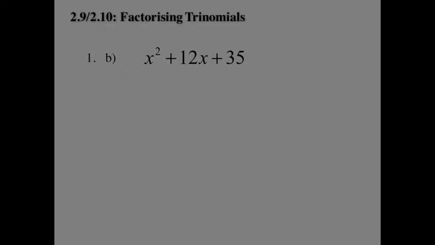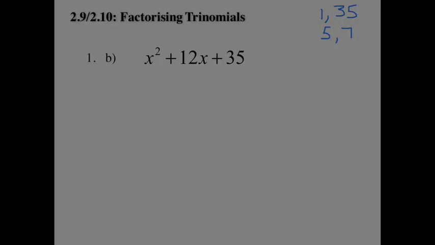Now I don't want to write this down, I'm just going to say it. I'm looking for numbers that times to give 35 and add to give 12. So numbers that times to give 35 are 1 and 35. 2 doesn't go into 35, 3 doesn't, 4 doesn't, 5 and 7. 6, 7, that's it.